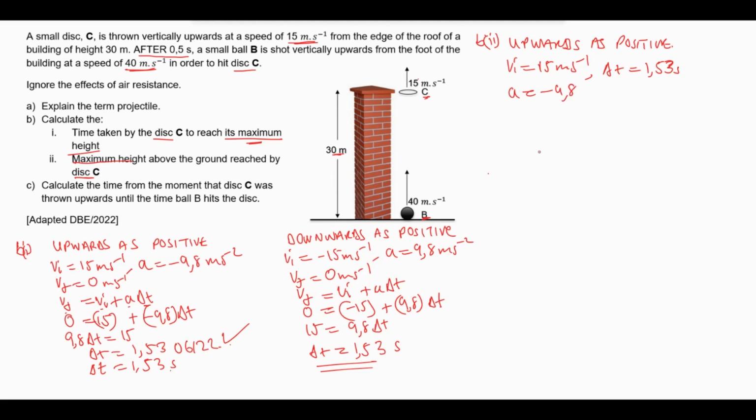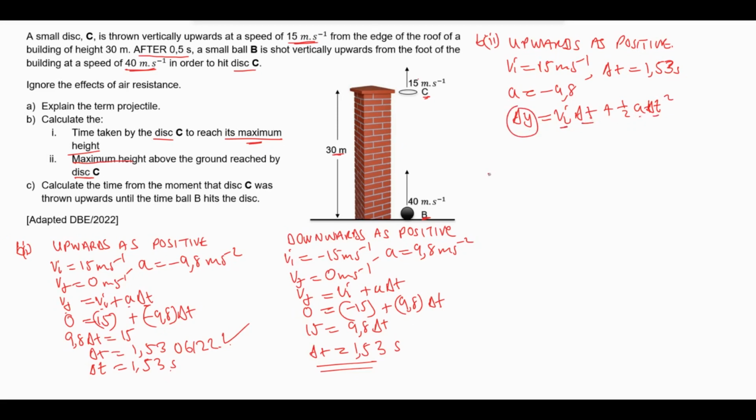And then a, we have negative 9.8. You have to check your equations of motion and check which one is the best to use. So we find that delta y is equal to Vi delta t plus half a t squared is the best, because we have time, we have initial velocity, and then we have acceleration.